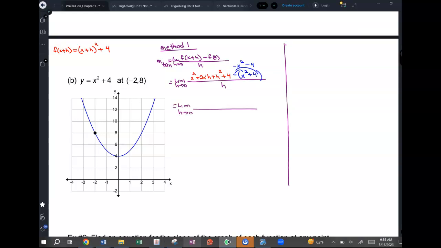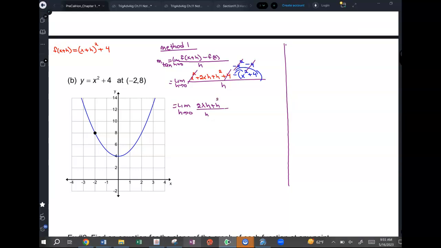So what happens here? The x squares will go away. The 4s will go away. So what do I have left? 2xh plus h squared, all over h.